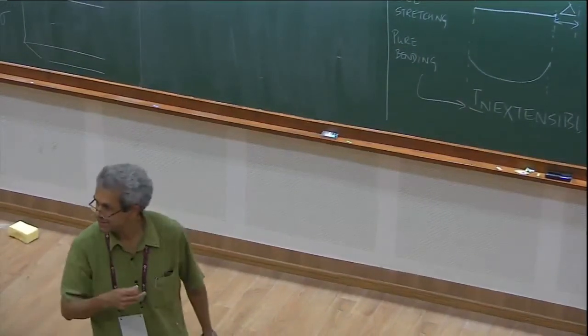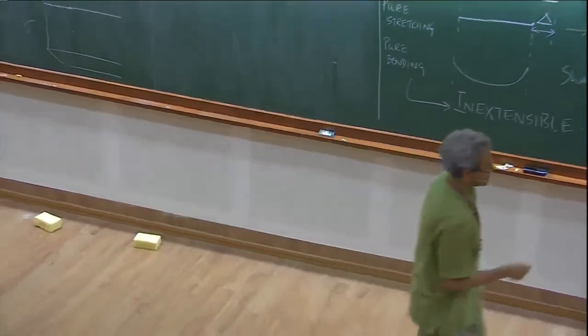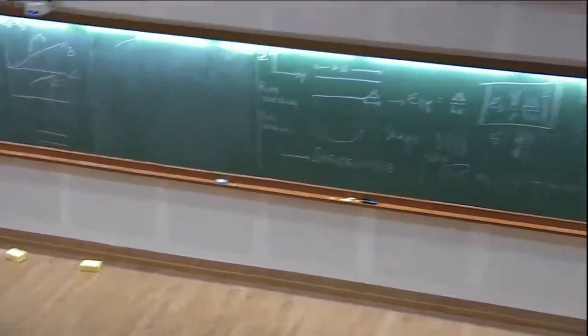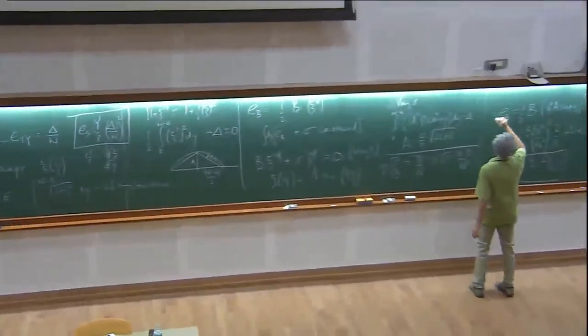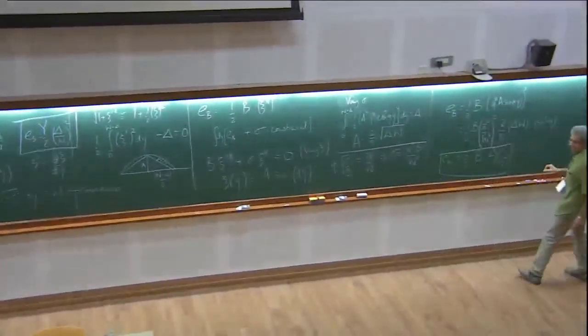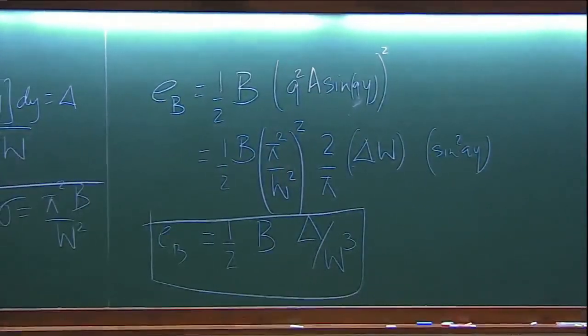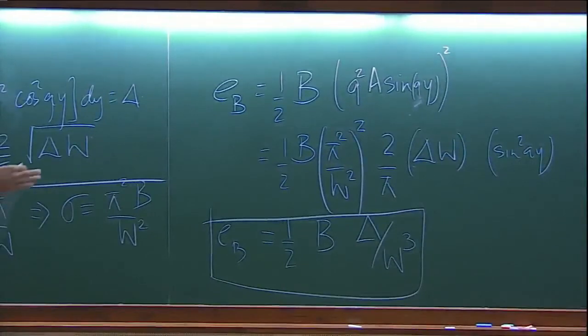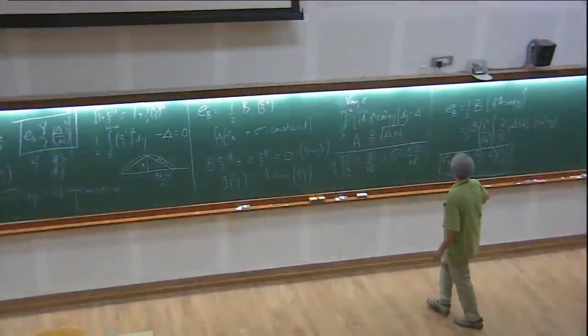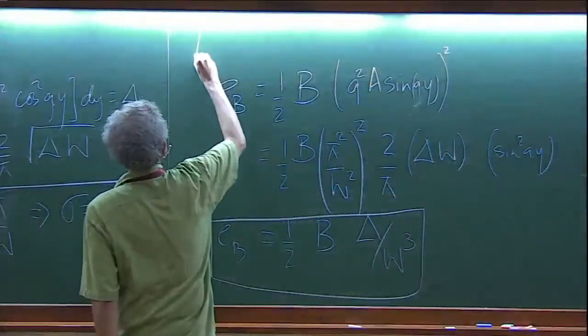Could you say again the sine square? Oh, what I should really do is integrate this whole thing over dy, to find the energy, not the energy density. It's going to give me something like a half over there. So really, what should I compare?